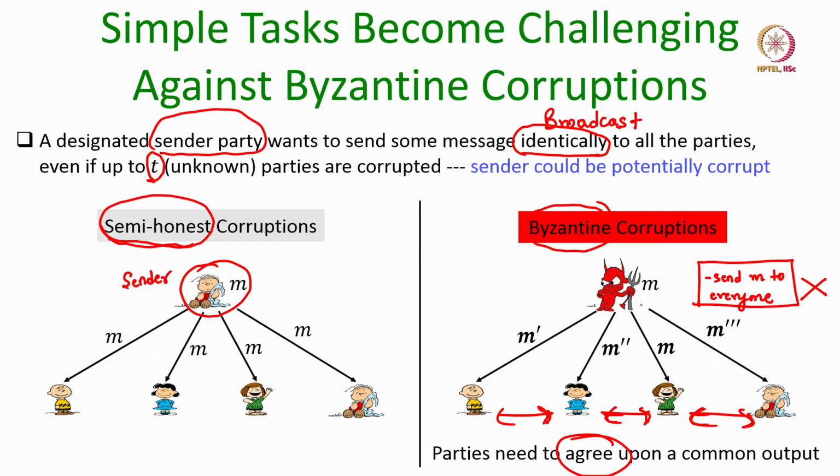So, what I have demonstrated here is that a very simple task like sending a message identically to everyone becomes so challenging, so complicated as soon as we consider Byzantine corruptions, because Byzantine adversaries can force the corrupt parties to behave in a completely arbitrary fashion. Okay.